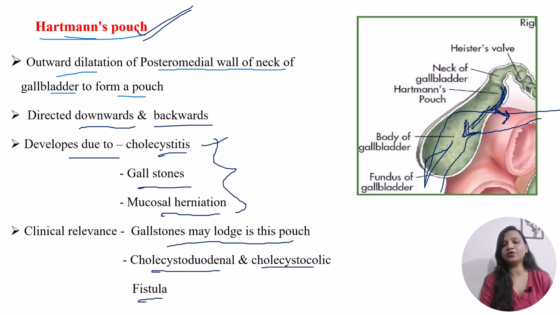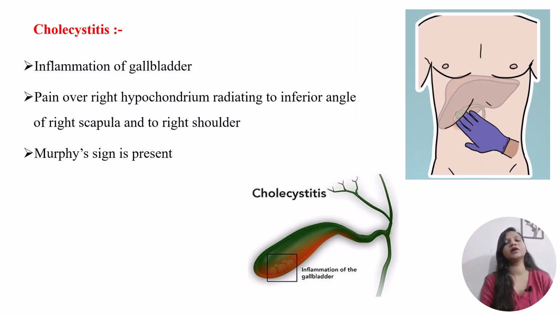So the outpouching increases and fuses with these two structures, leading to the formation of a fistula. When it fuses with the duodenum, it is called a cholecystoduodenal fistula, and when with the hepatic flexure of the colon, it is called a cholecystocolic fistula.